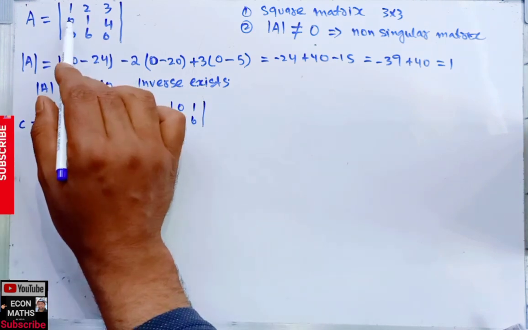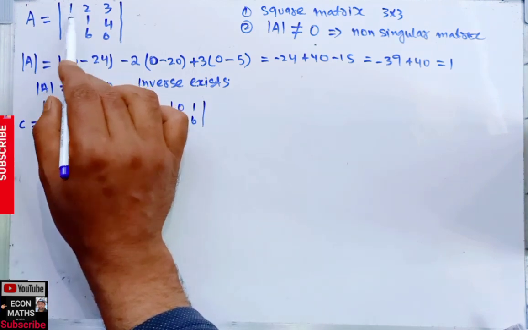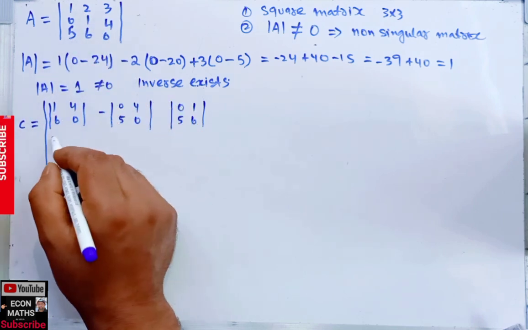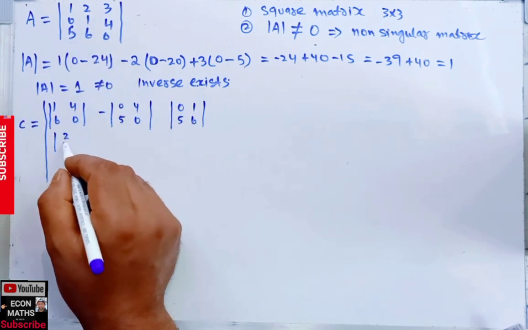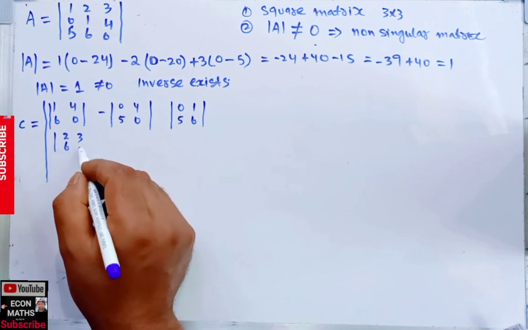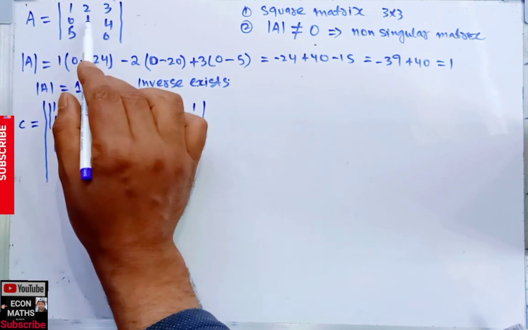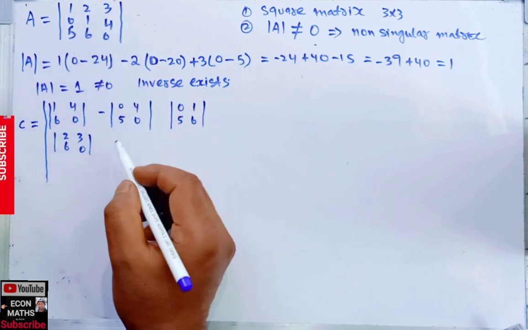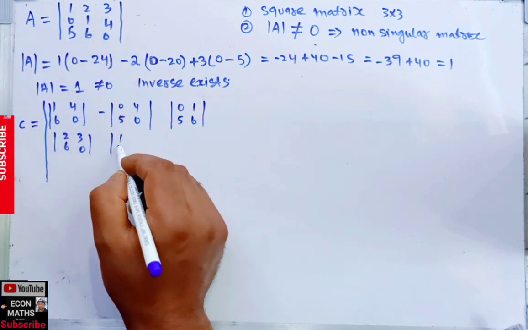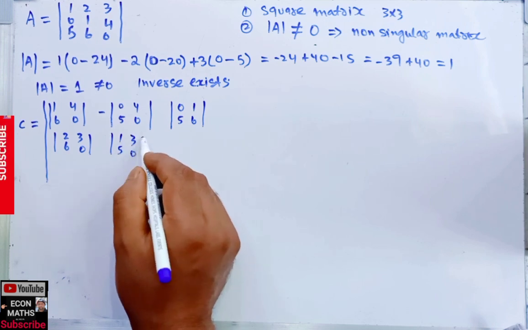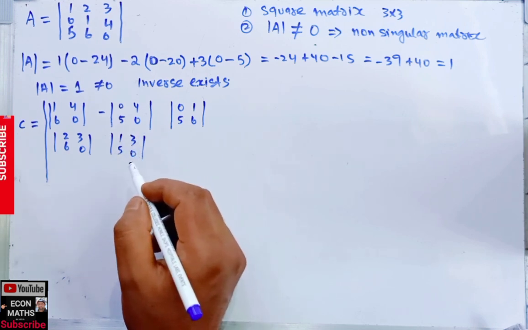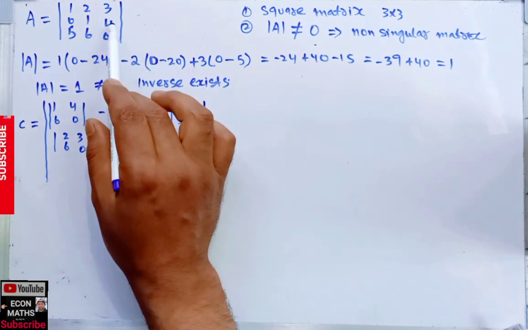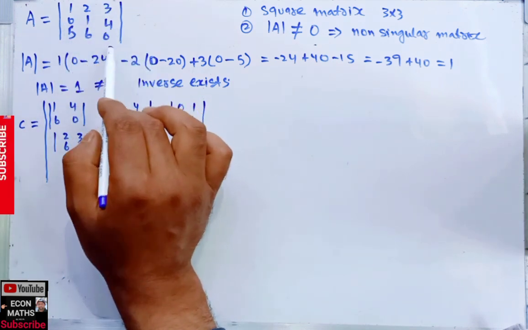Similarly, take this element, delete the corresponding row and the column, we get 2 6 3 0. So here it is 2 6 3 0. Similarly, this one, delete the row and the column, we get 1 5 3 0. Similarly, take this 4 and delete the row and the column in which it appears.